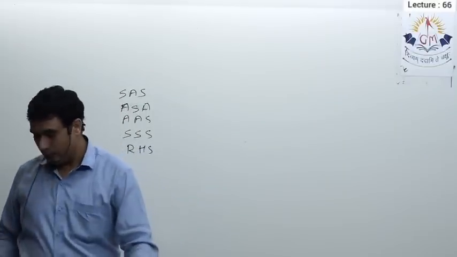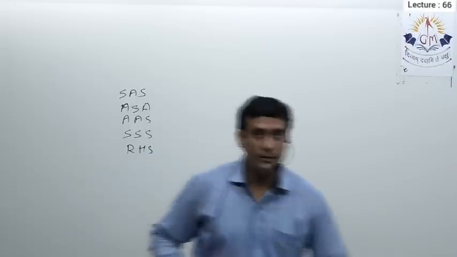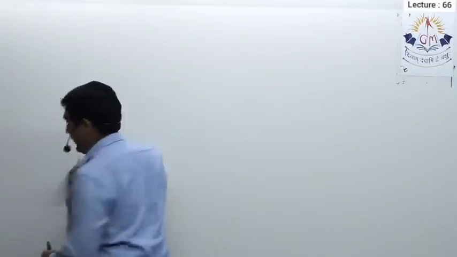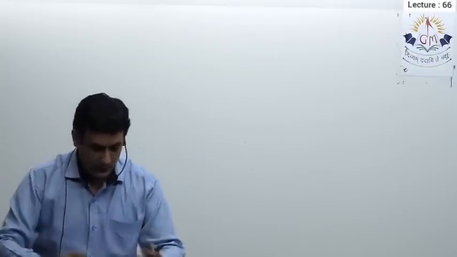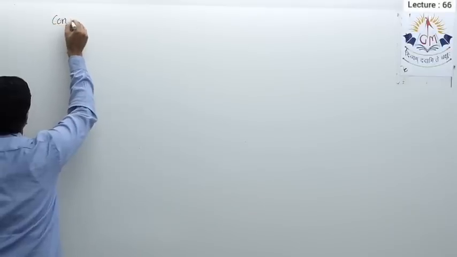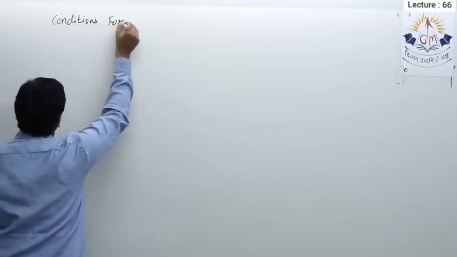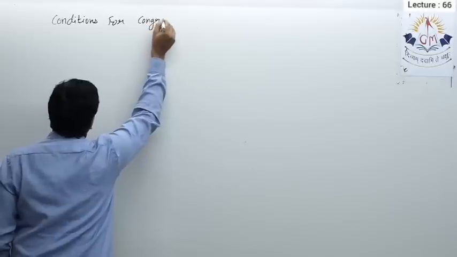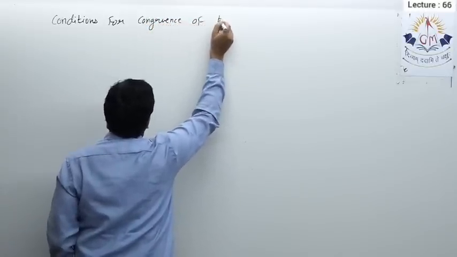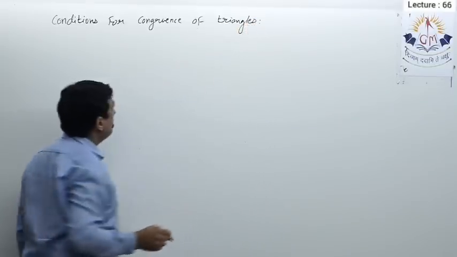So the very first one is side angle side. As the heading, we will take the conditions for congruency of triangles.